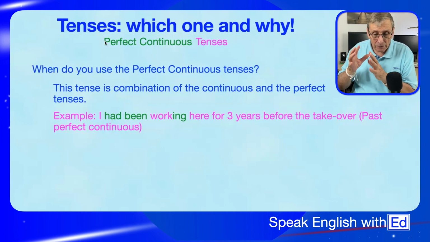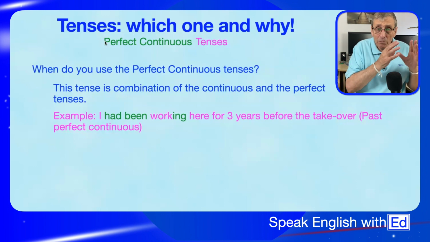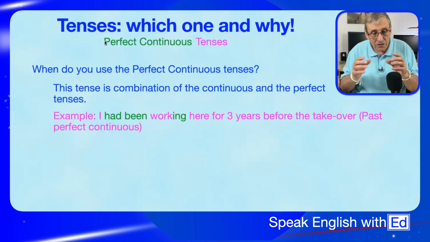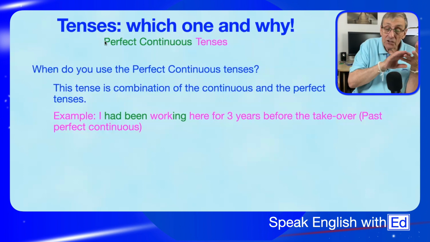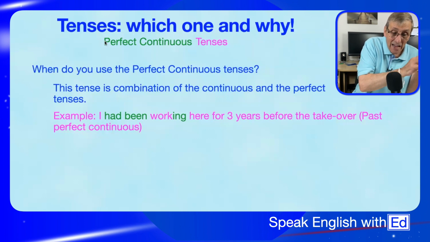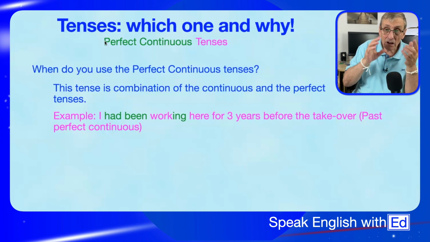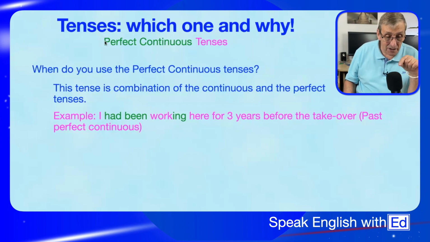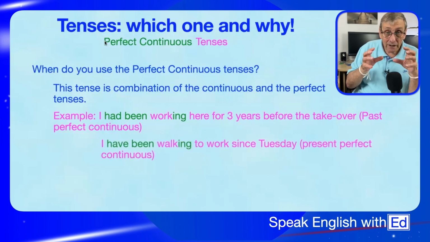And we're saying that before then he had been, so past tense, had been working continuous for 3 years. So we've got the perfect had been and the working continuous to make this tense, and this is the past perfect continuous tense.